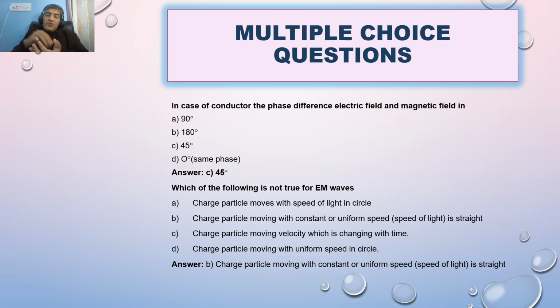Uniformly moving charge produces a uniform current which produces a static magnetic field, which is not in a position to produce an electromagnetic wave. So, ending with this statement, the electromagnetic wave is produced by oscillating electric and magnetic fields or by a charge particle which moves with accelerated motion.